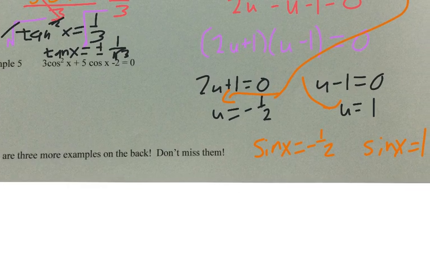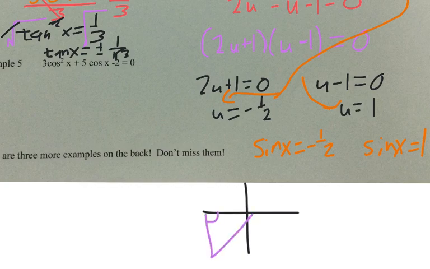Both of these situations are things we can do without a calculator. The first one gives a ratio for sine that is negative. Sine is negative in the third and fourth quadrants. All students take calculus. Sine is a ratio of the opposite over the hypotenuse, which means the missing side's radical 3, which means my reference angle is 30.